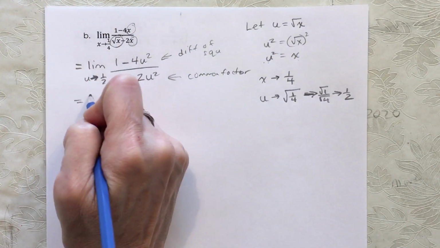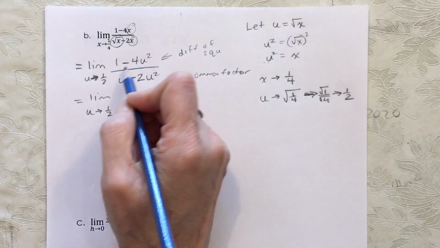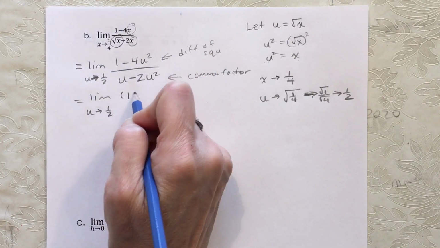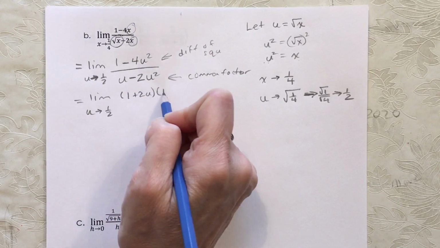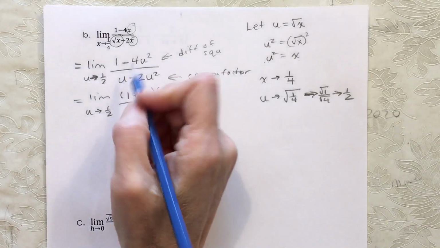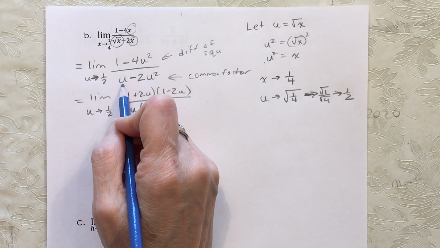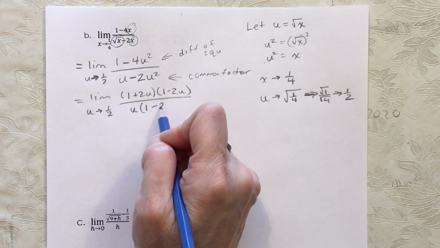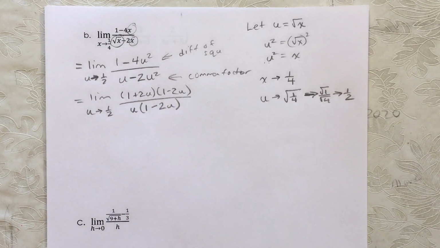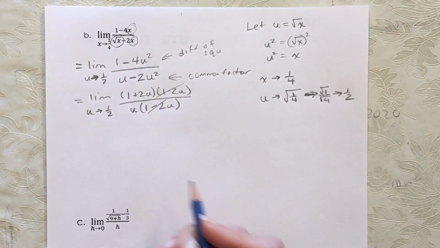So let's do our factoring. So the difference of squares, it's going to be 1 plus 2u times 1 minus 2u. And in the denominator, we have a common factor of u. And then if you divide out the u, you're going to get 1 minus 2u. So you can see the 1 minus 2u's are going to divide out.